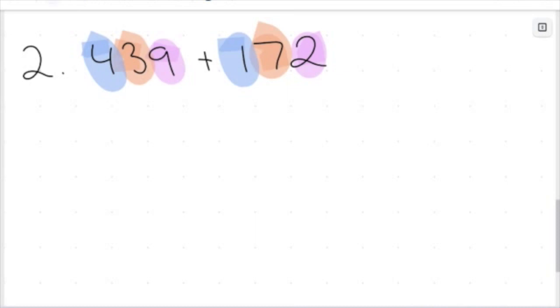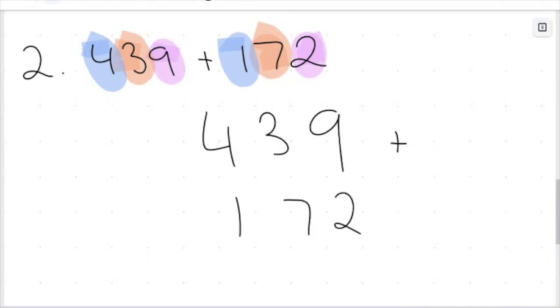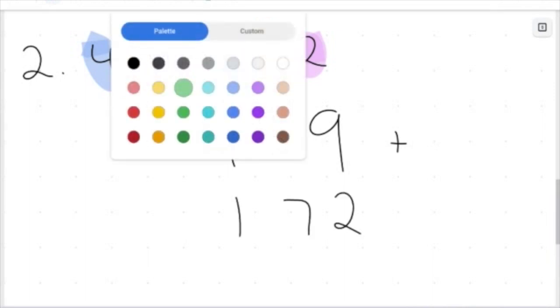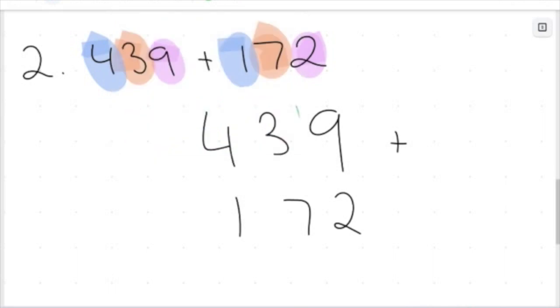Now, what I'm going to do with my algorithm, I'm going to write this vertically. I'm going to stack these numbers on top of one another, because this actually helps me to visualize the spacing between my ones, my tens, and my hundreds. I'm dealing with this nice and vertically.